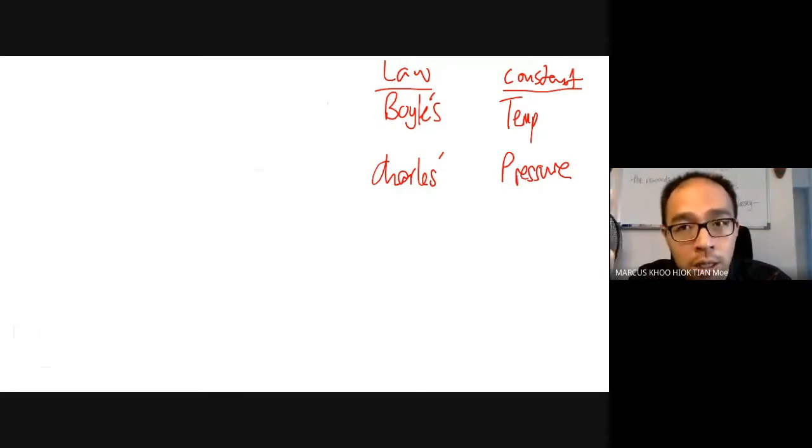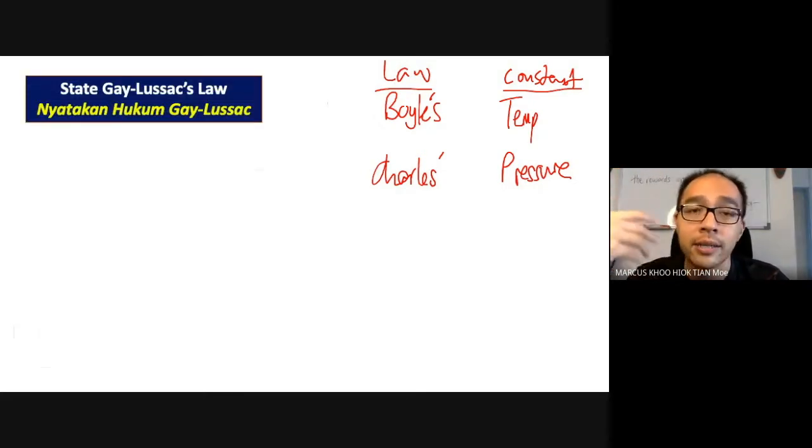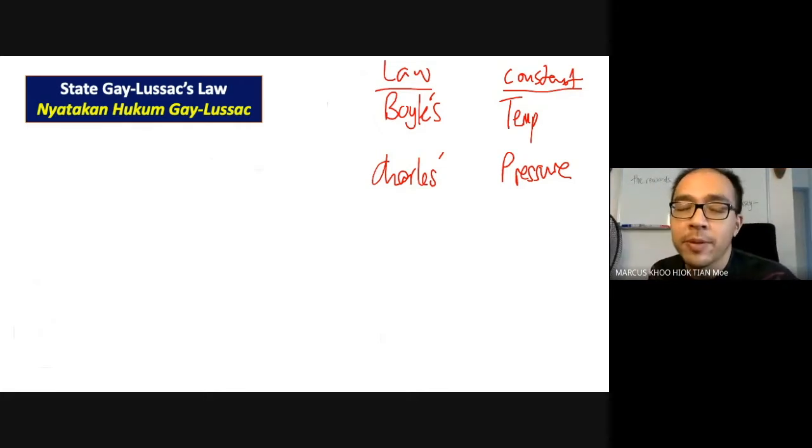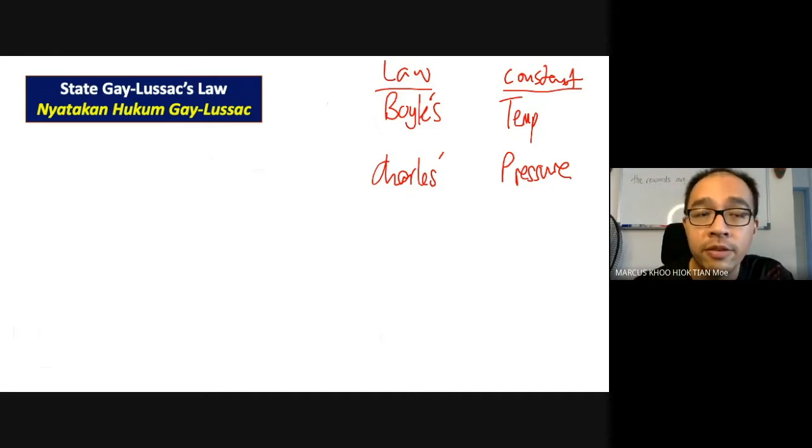Now, the pressure law is also known as this guy's law. So this guy, Gay-Lussac. Some people like to say Gay-Lussac one way, and some people another way. Whichever way you like to pronounce it, here's a fun fact about Gay-Lussac.